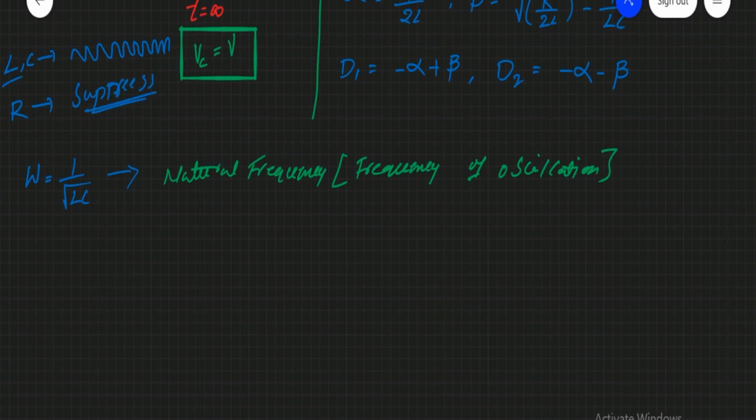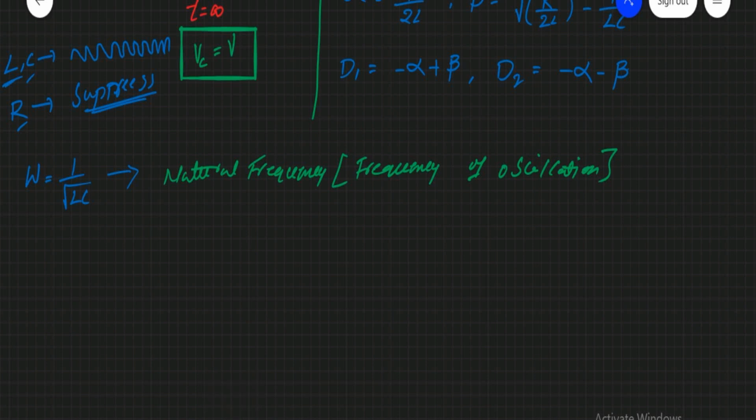So L and C have a tendency to generate oscillation and the resistor suppresses it. In our circuit we have inductor, capacitor and resistor, so we are going to get some oscillation. This omega equal to 1 by under root of LC gives you the frequency of that oscillation.